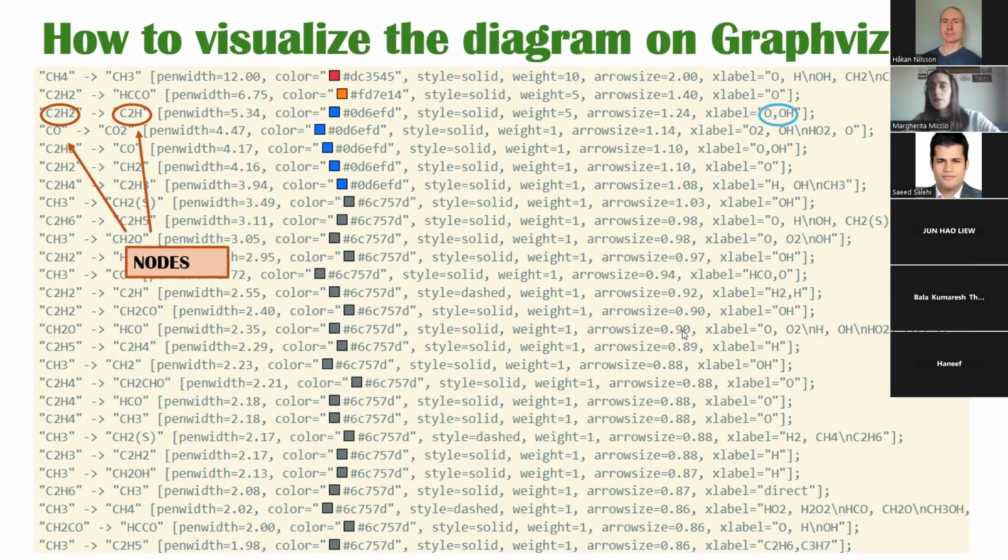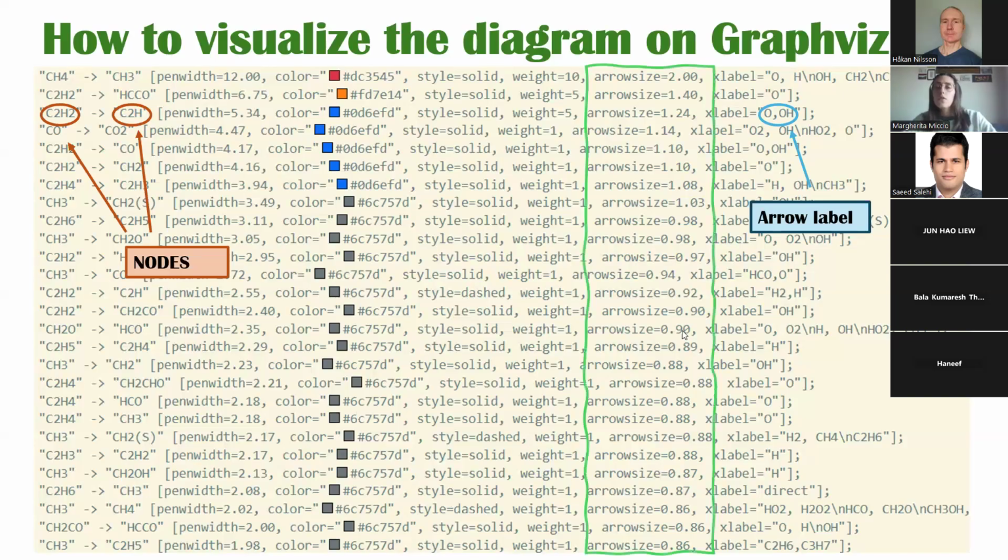Here we have the labels, so we have O and OH. These labels, as already mentioned before, will be the labels of the arrow. They can be more than 2, even 5 or 6, because we consider more reactions that are going from C2H2 to C2H.